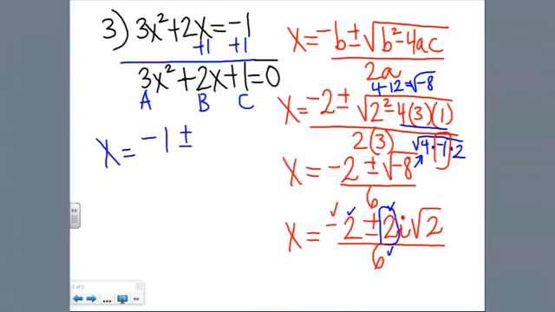When you divide this 2 by 2, that would give you still plus minus i on the square root of 2. And when you divide your denominator by 2, you end up with positive 3.